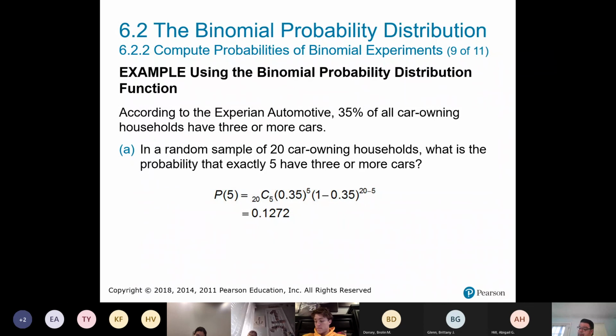In a random sample of 20 car owning households, what is the probability of exactly 5 have 3 or more?